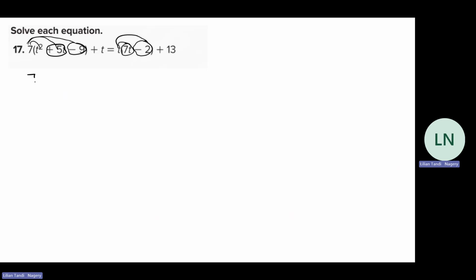This becomes 7t squared plus 35t minus 63 plus t is equal to 7t squared minus 2t plus 13. Okay, I will bring friends together.